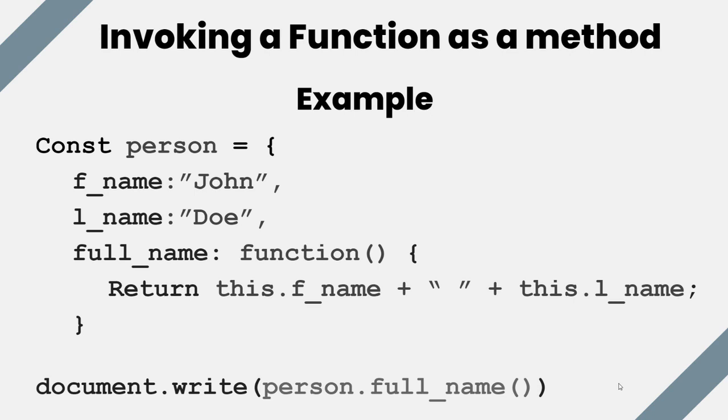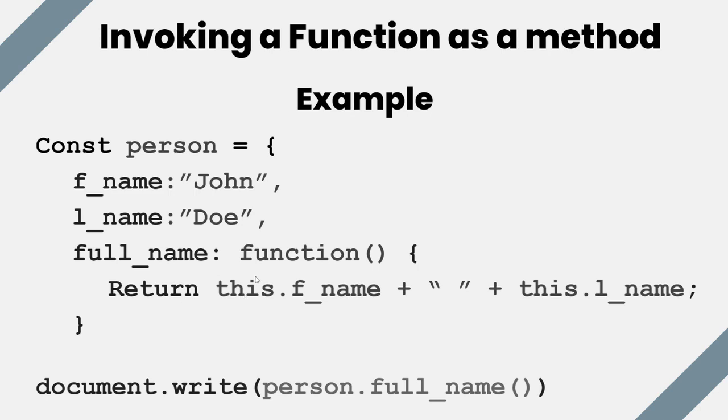So in order for us to select the one we want, we would use the this keyword and attach it with the key name we want, which is why you have return this.f_name. So this particular code here would return John.